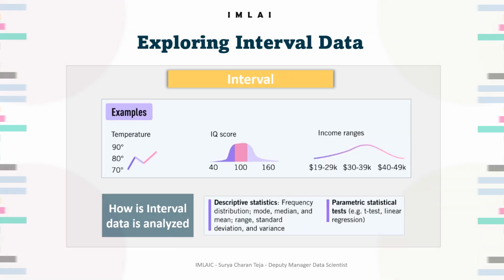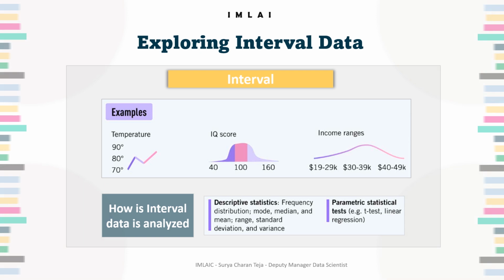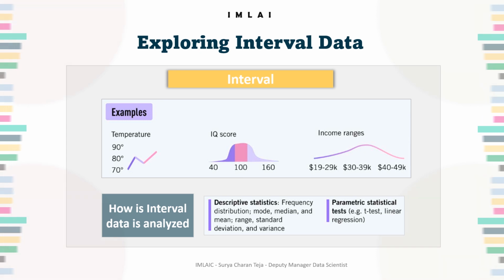Then we have the statistical tests, statistical tests for analyzing interval data. As long as your interval data are normally distributed, you have the option of running both parametric and non-parametric tests. However, parametric tests are more powerful, so we will focus on those.